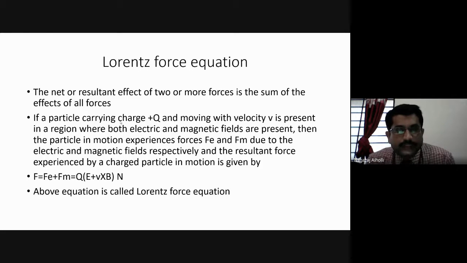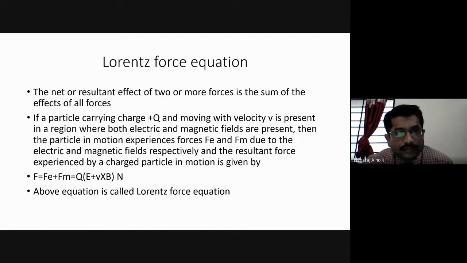What I mean to say here is the total or resultant force on the moving charge q is the sum of the electric force Fe and the magnetic force Fm, because the charge is under the influence of both electric field and magnetic field.